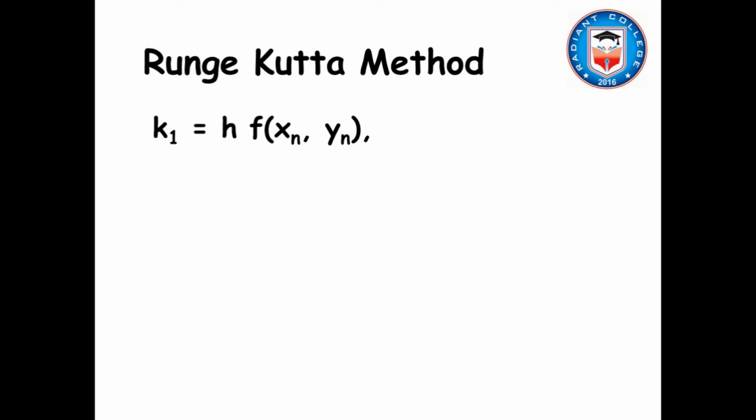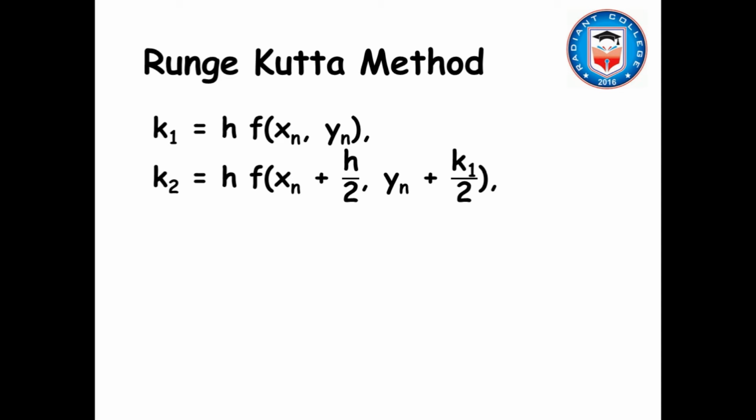That is simply the Euler method. k2 is h into f of xn plus half of step size and yn plus half of the k1 value calculated in the previous step. And the third order term k3 is equal to h times f of xn plus half of the step size and yn plus half of the k2 value calculated in the previous step.